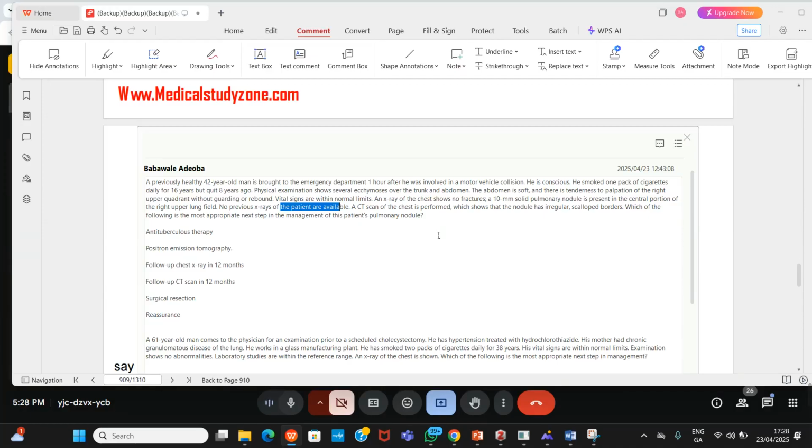Vital signs are within normal limits. An X-ray of the chest shows no fracture. A 10 millimeter solid pulmonary nodule is present in the central portion of the upper right lung field. No previous X-ray of the patient is available. A CT scan of the chest shows that the nodule has a regular scalloped border. Which of the following is the most appropriate next step in the management of this patient's pulmonary nodule?